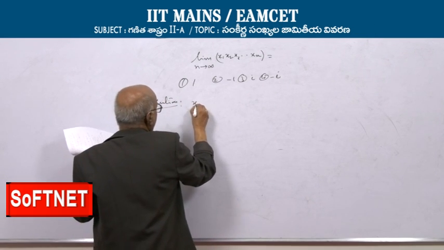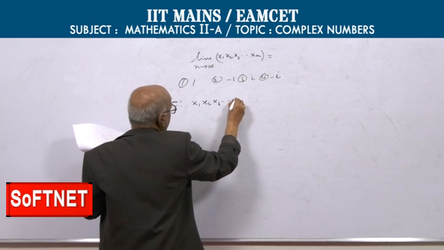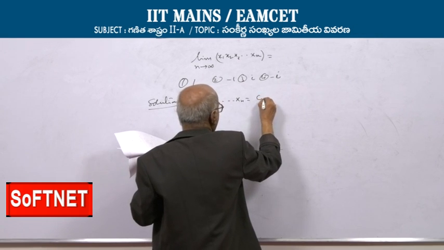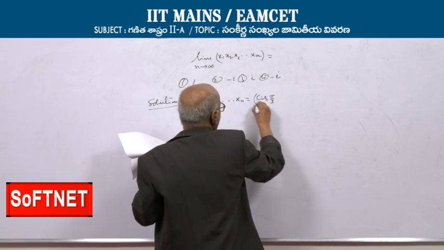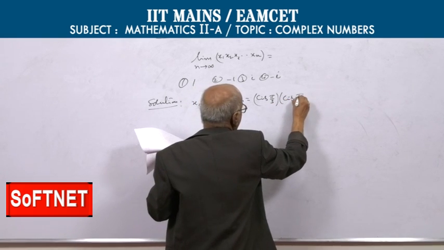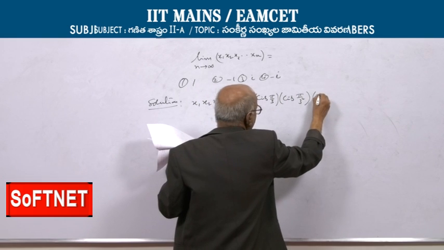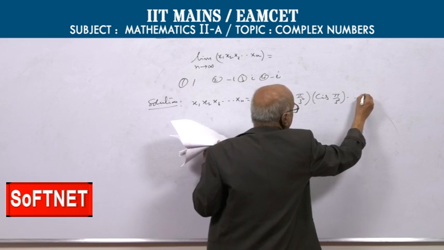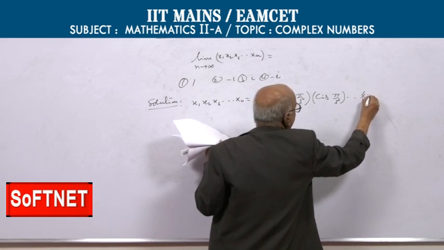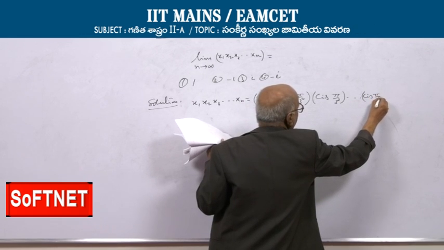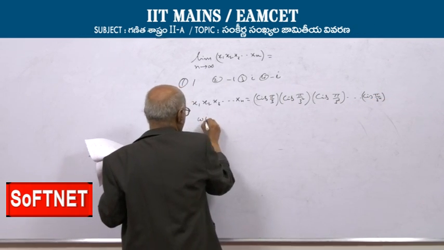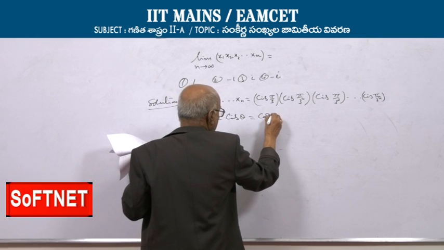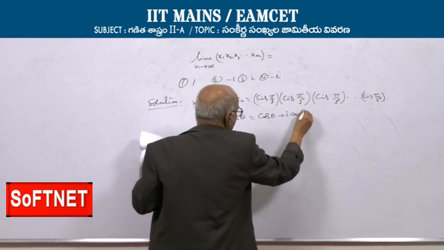This is x1 into x2 into x3 etc. xn, which equals cis pi by 3 into cis pi by 3 square into cis pi by 3 cube, etc. cis pi by 3 power n, where cis theta means cos theta plus i sin theta.